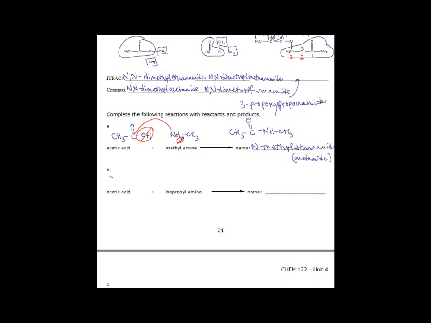B, acetic acid again. It's isopropylamine. That's what isopropylamine looks like. I'm going to take away water from the carboxylic acid and the amine.